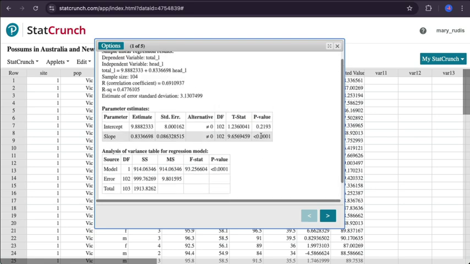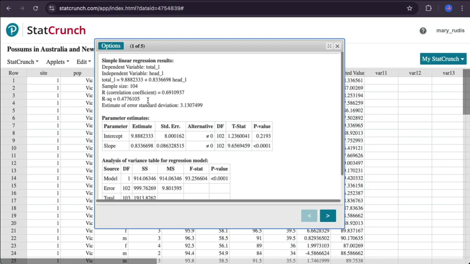That right there is treated in some instances as a hypothesis test for the linear equation. You can actually see up here is your R value. Our R value for the correlation is 0.69, which is kind of on the strong side.